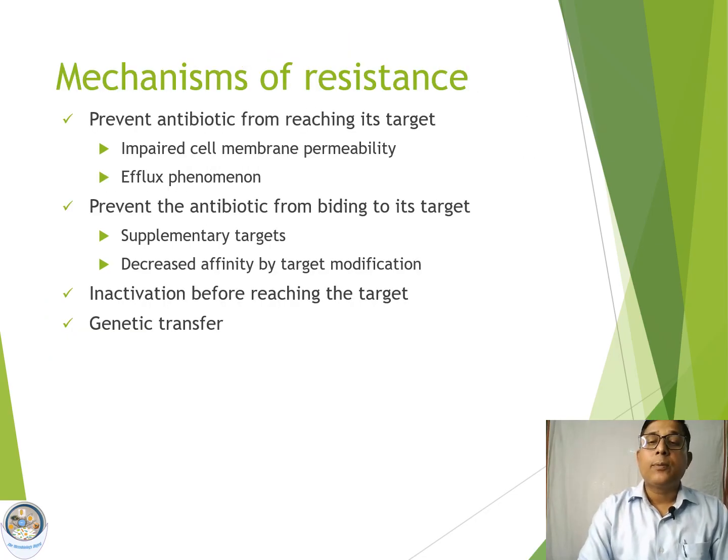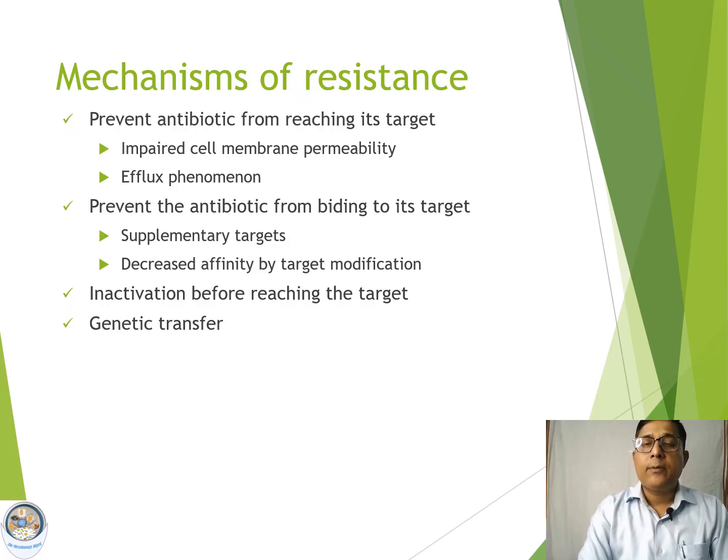Now, what are the mechanisms of antibiotic resistance? When a particular organism develops resistance to any drug or any antibiotic, what may be the possible ways? First way is the organism will prevent the antibiotic from reaching its target.